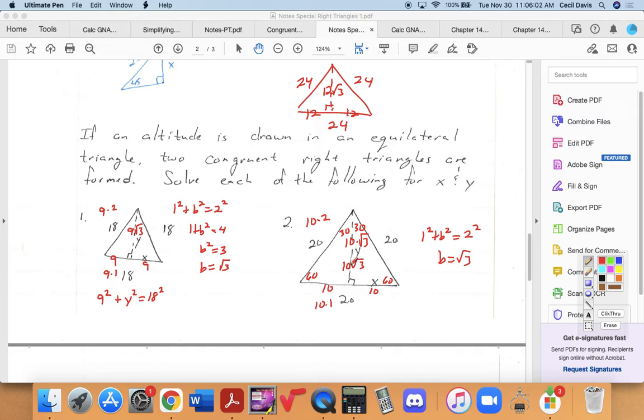Can you say that again? Yeah, the shorter of the two legs is half the hypotenuse. 10 is half of 20, right? And the longer of the two legs is equal to the short leg times the square root of 3. Okay?